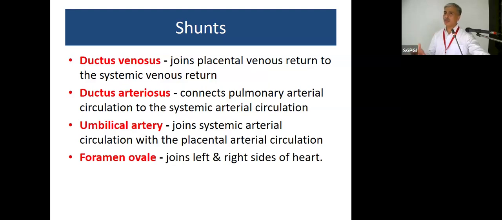the upper part of the body gets better, more oxygenated blood, and it is a bypass which happens. The third connection is what? The umbilical artery. It basically connects the systemic arterial circulation of the fetus to the placental arterial circulation. And the fourth is what? It is the foramen ovale, which is a connection between the two atria.